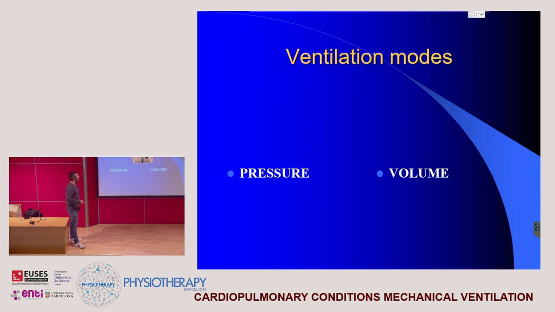So how can we ventilate a patient? The first thing we have to know is that we can ventilate in different modes, but we will explain in general. The only thing you have to know is that we can deliver the ventilation via a pressure mode or a volume mode.